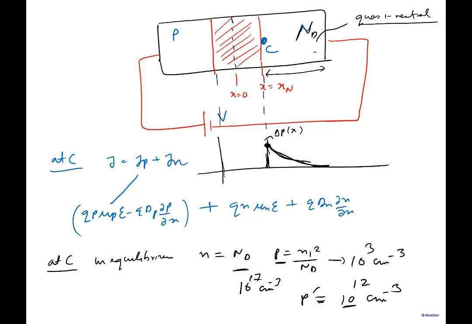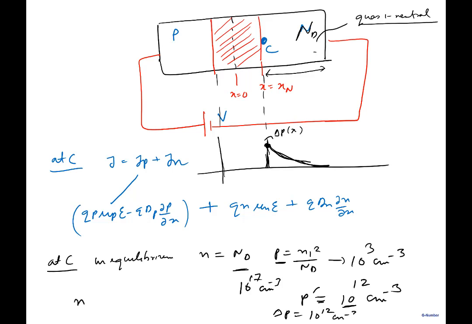Now we are saying region C is quasi-neutral. So what happens to electrons? The number of holes has increased from 10 to the power 3 to 10 to the power 12, so the excess hole density delta P is 10 to the power 12, because the background is very small.